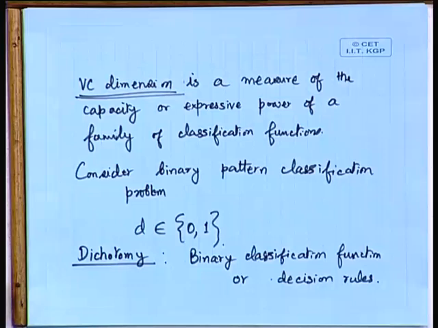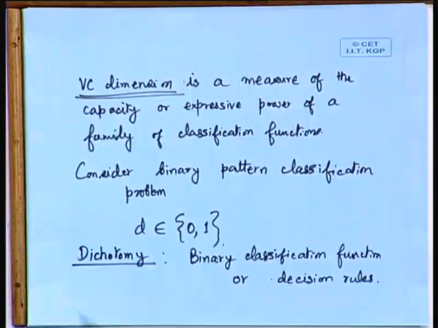So, in a network we could be having various dichotomies, there could be different decision rules existing in a system. A particular network, or a learning machine rather, could be having a number of such dichotomies.